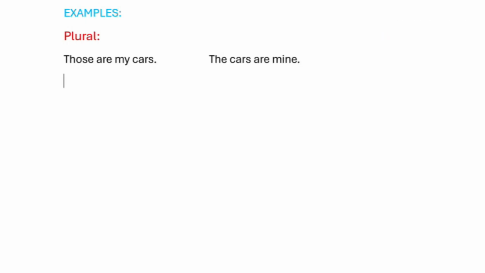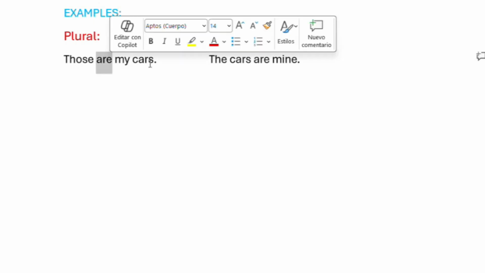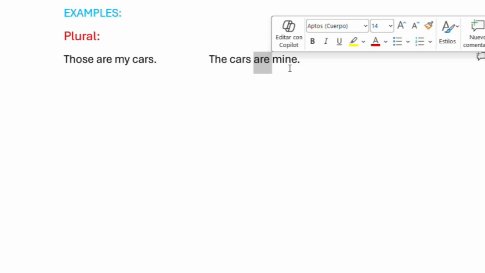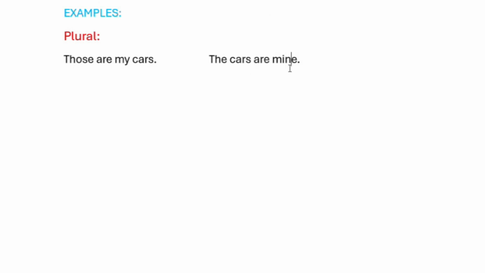Oh, yeah, this is what I mean with the plural form. You can see are here and the plural form of the noun. These are examples in plural form using the possessive adjective my and using the possessive pronoun mine here. Oh, wow, my goodness, it's very easy English.